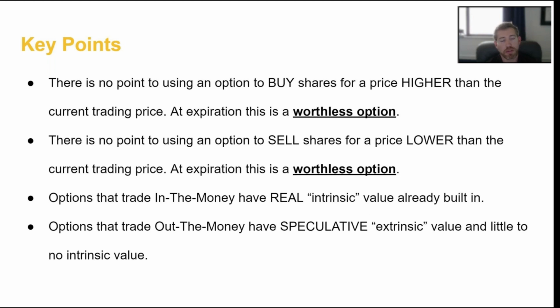And we really want to be trying to trade options with real value, or options we do expect to have real value at expiration. Options that trade out of the money have speculative value, extrinsic value, and little to no intrinsic real value. They're not usable until price moves in their favor.